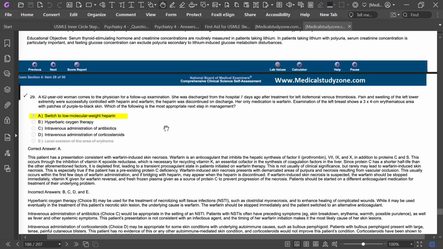Warfarin-induced skin necrosis can present with demarcated areas of purpura and necrosis resulting from vascular occlusion. These usually occur within the first few days of warfarin administration if bridging with heparin.